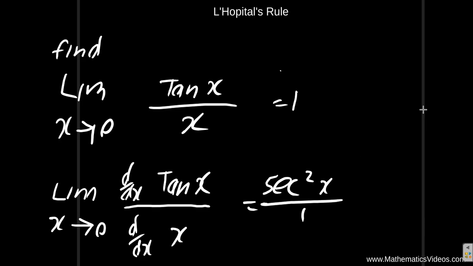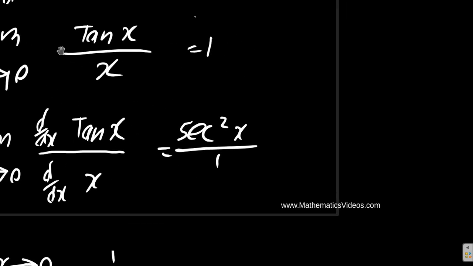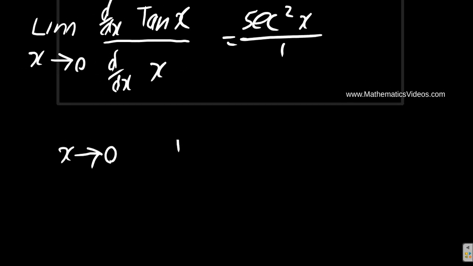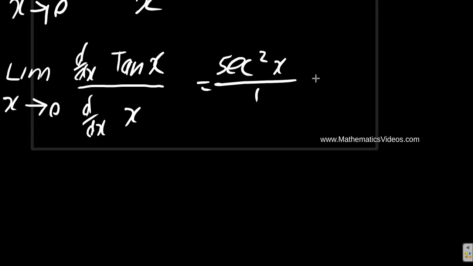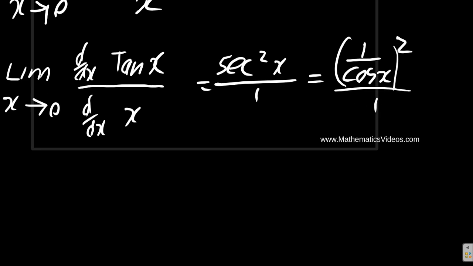Secant is 1 over cosine. So what we have up here, this was from previous work. What we have up here is 1 divided by cos x squared, divided by 1.